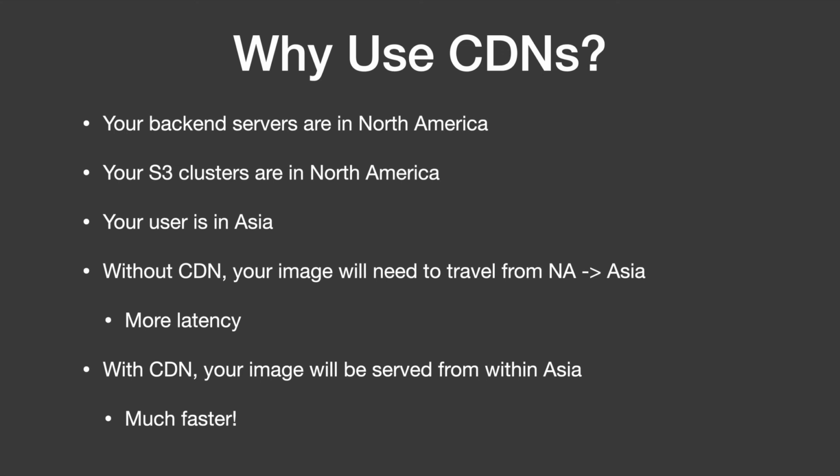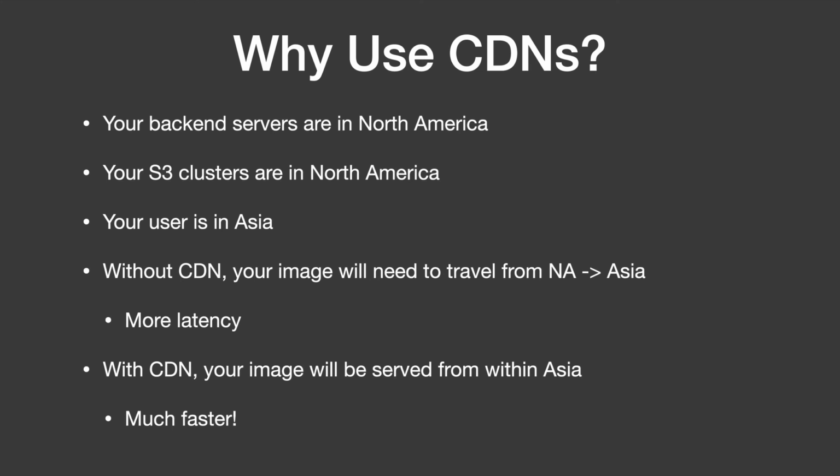Now in a world with CDNs, your CDN provider, whether you use Cloudflare, Akamai, or some other one, has machines all over the world. Let's say they have machines in Europe, Asia, South America, North America, all the places. When you're caching the images in these CDNs, you have a copy of the same image in different machines all over the world.